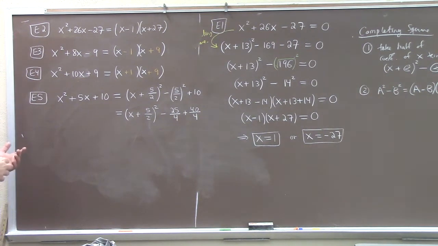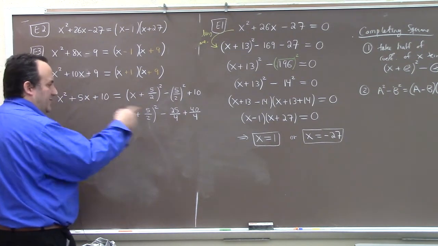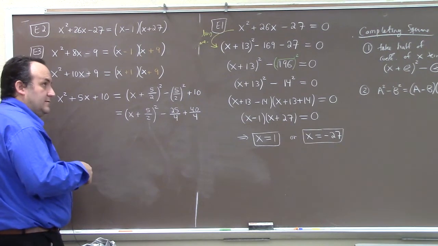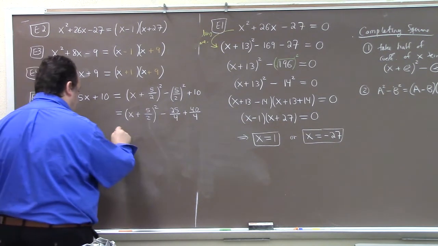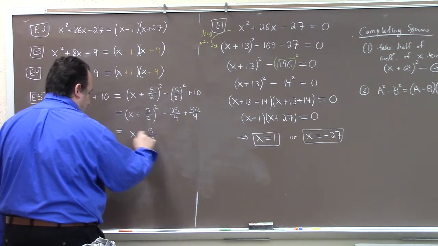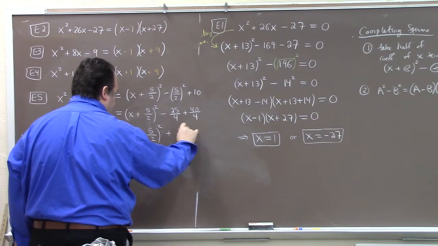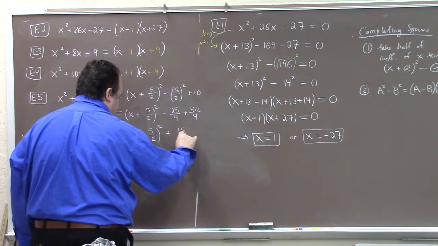I wanted to rewrite 10 as fourths because then I can add the fractions, right? Need to have a common denominator. 40 minus 25 is 15, right? So I get x plus 5 over 2 squared plus 15 over 4.